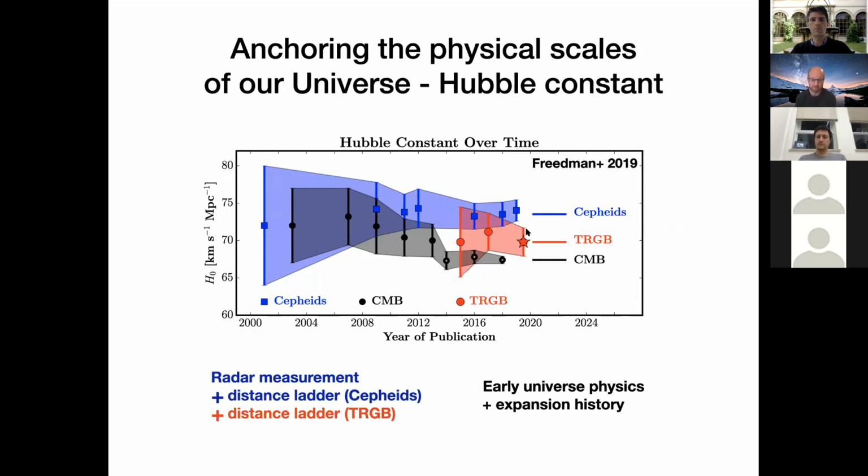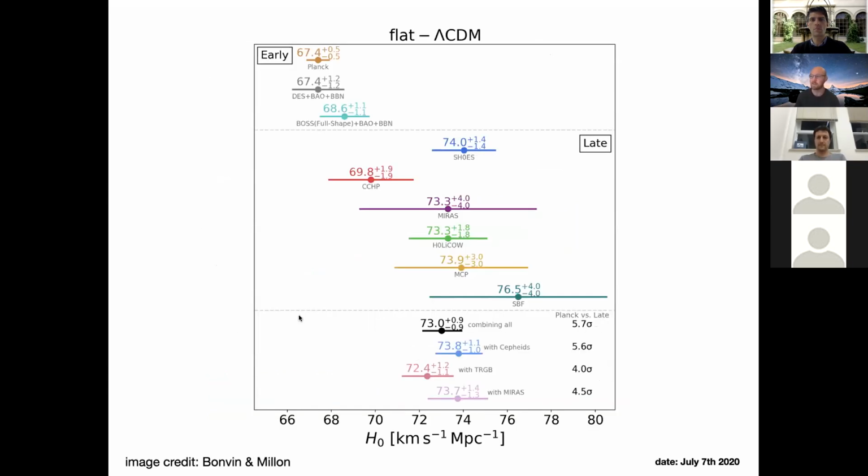Now, this is not the full picture. This is a landscape of different measurements of the Hubble constant that I dated July 7th, 2020, which is already outdated, so the field is fast moving. On top you see the early-universe-based measurements, meaning they are calibrated on the physics of how the sound horizon expanded in the early universe, and use that as an absolute distance anchor for interpreting the scales of the universe.